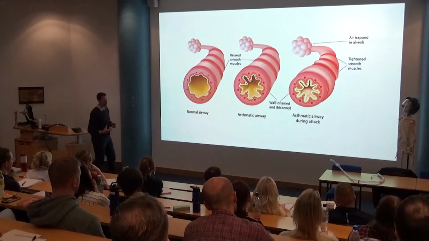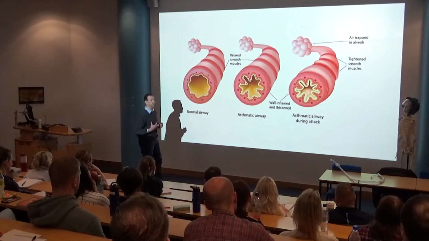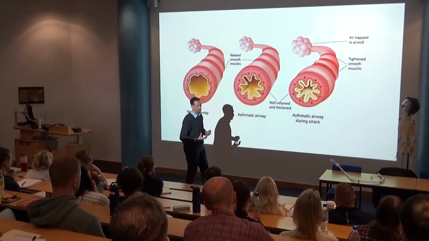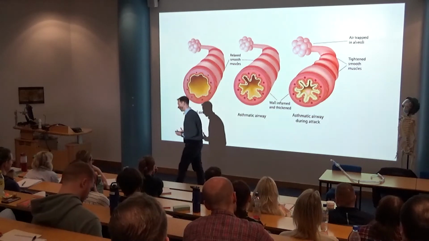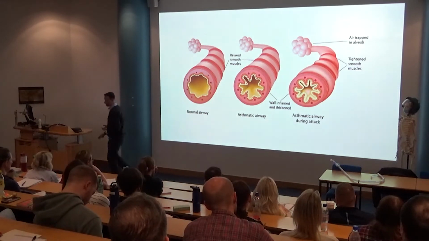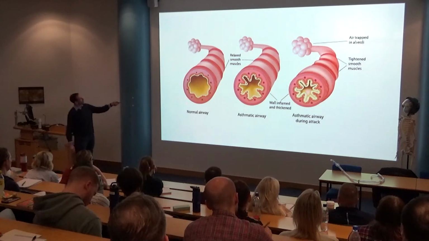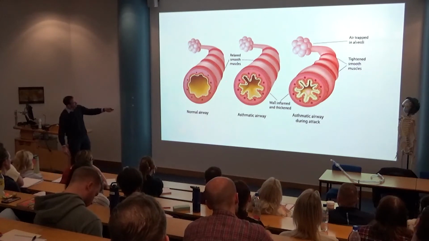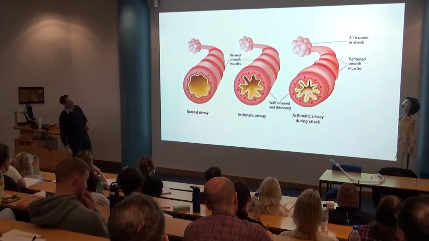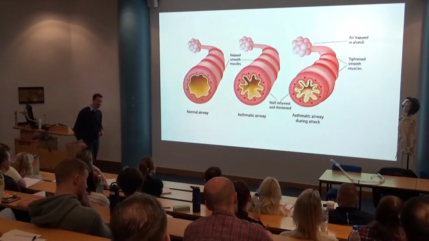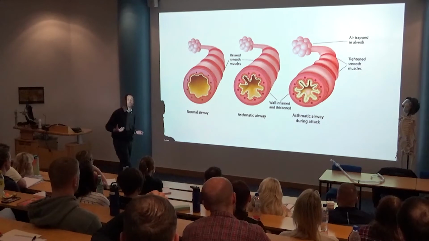Because it's a chronic inflammation of your bronchioles, what happens? Well, firstly, this is a normal airway. Look at that. It's beautifully relaxed smooth muscles all around my bronchiole here, with a nice, lovely, healthy mucus layer on the inside. So we need mucus inside our airway to do what?